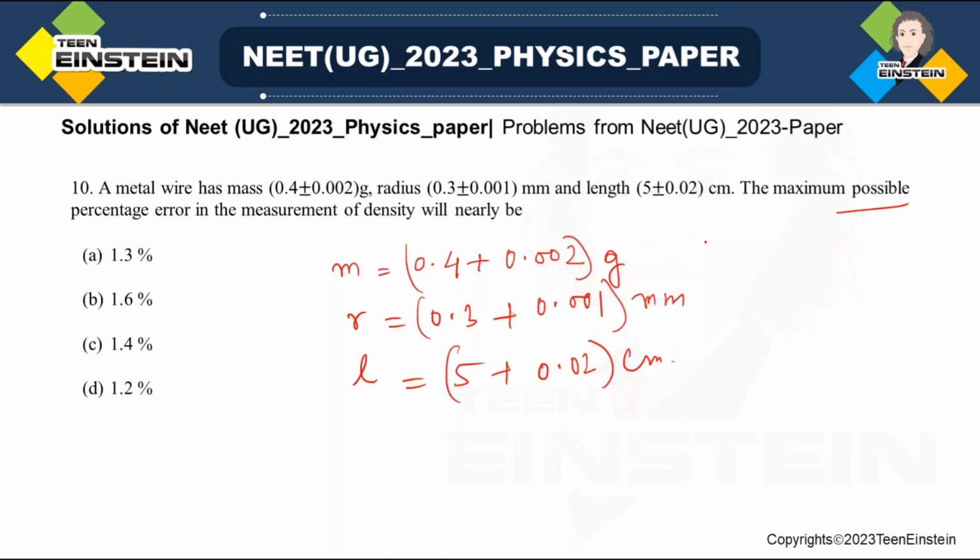See, first of all, let us write the expression for density. Mass density rho is m by V. Again, it is a cylindrical wire, so V is the volume.